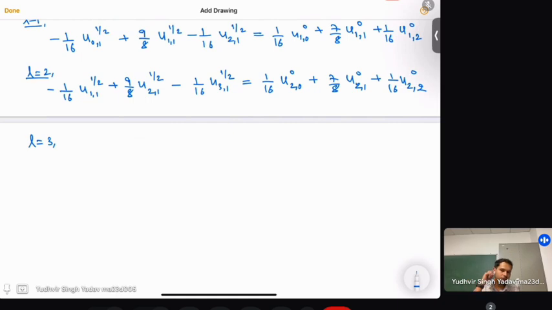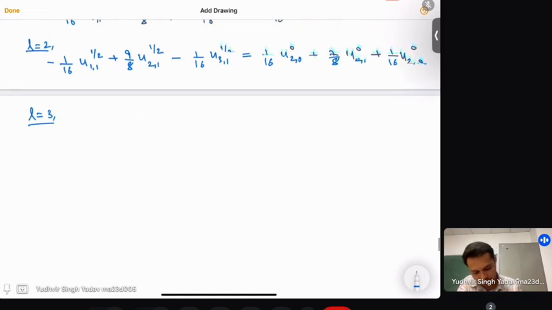Since the step size is h equals to 1 by 4, we will have total number of nodal points as 5. So we know the values at l equals to 0 and at l equals to 4. So we have one more unknown nodal point, that is l equals to 3.